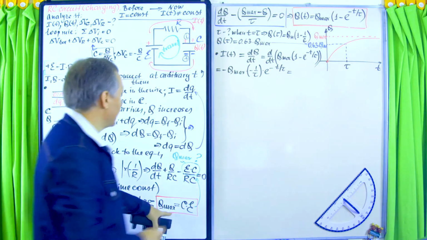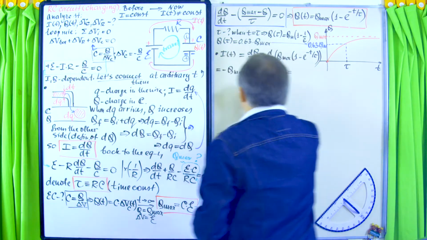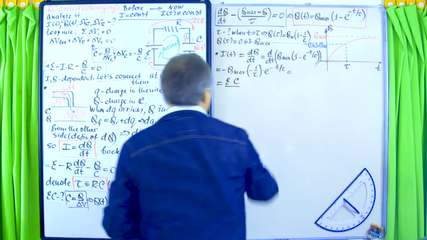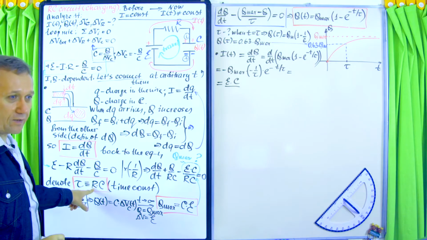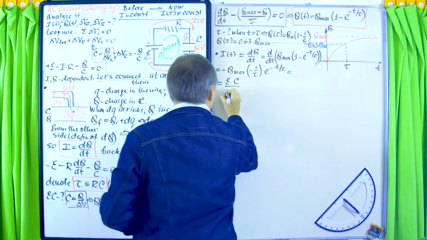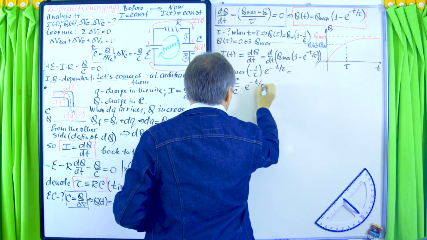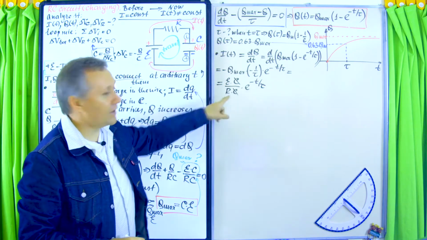So let me write it over here, underneath. It will be EMF times C divided by tau. What is tau? By definition, it's RC. RC, and times that time dependence. C goes, and what is EMF divided by R?